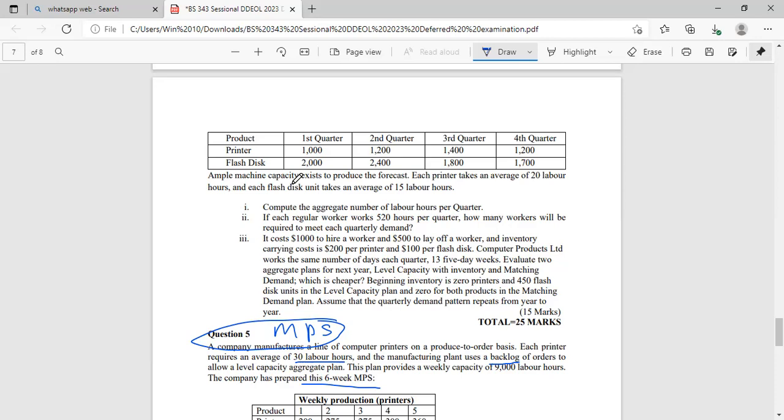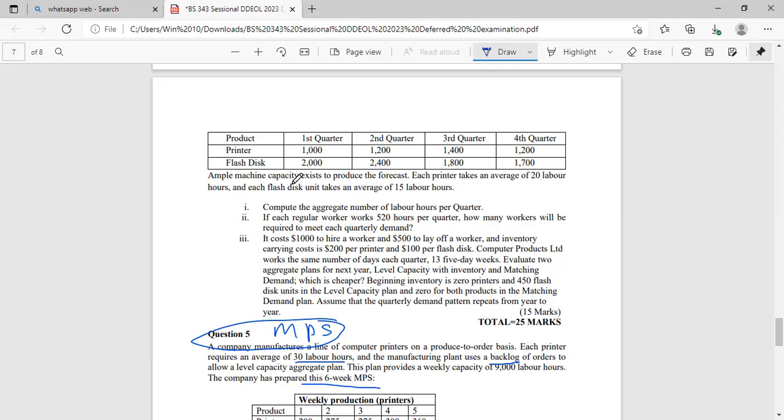Okay. Then the productions are as follows. For the printer, we have 1,000 in quarter one, 1,200 in quarter two, 1,400 in quarter three, 1,200 in quarter four.